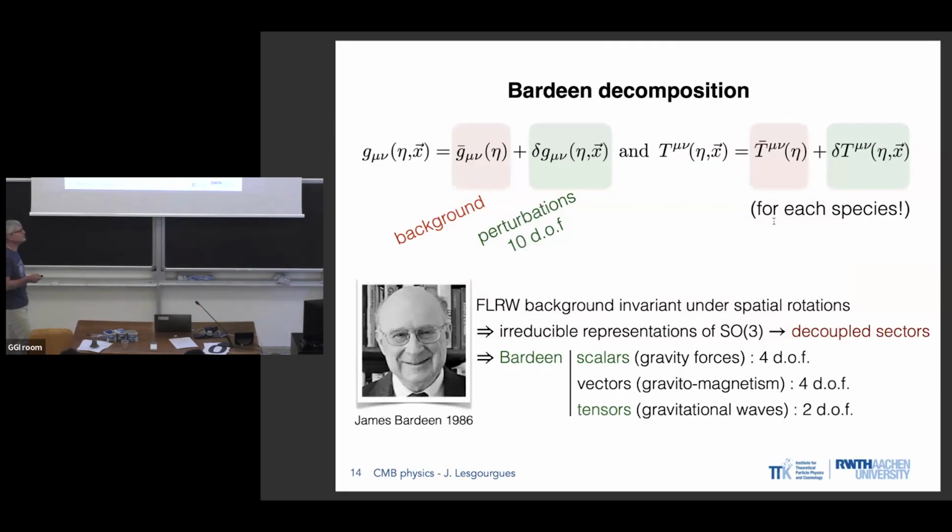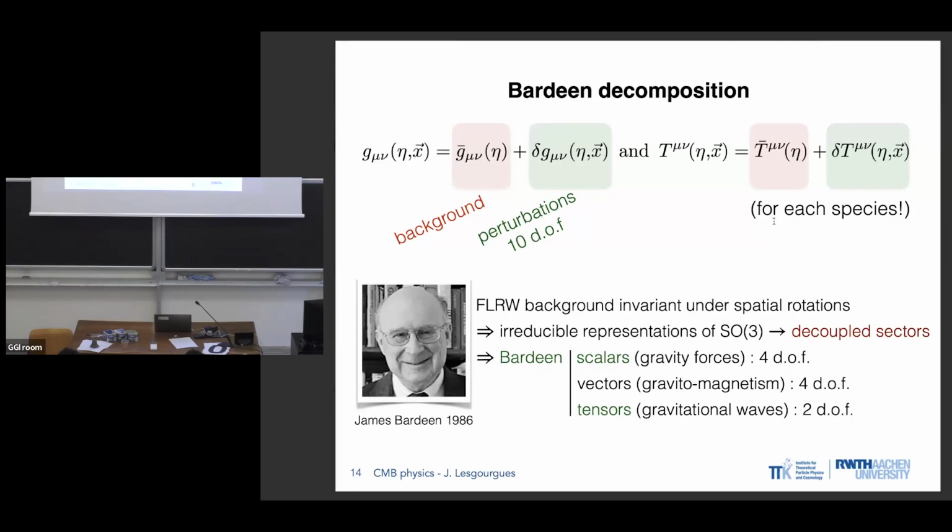And we describe different types of matter with their stress energy tensor, which we decompose each of them into background quantities and perturbations. And we are a bit stuck when we realize that each of these perturbed tensors has 10 degrees of freedom, a symmetric 4 by 4 tensor. So that's a lot. It could compromise the mathematical description of fluctuations.